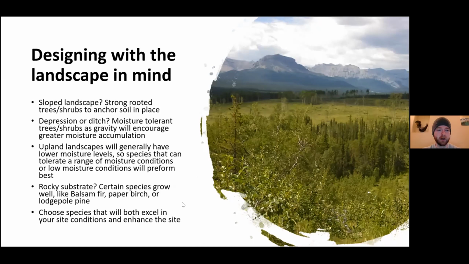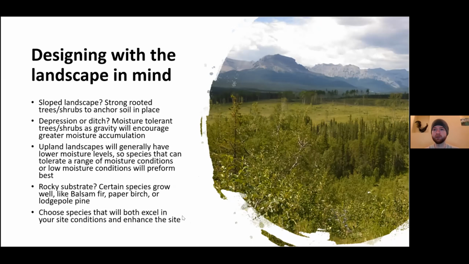Another example is different substrate, whether sandy, clay, or loam. Certain species will be able to match all those conditions, whereas others will have a preference. Certain species, like balsam fir and some pine, you'll notice are located in the mountains where it's a little bit rockier, and they can tolerate that condition.